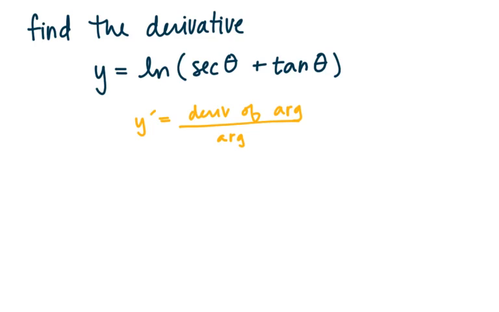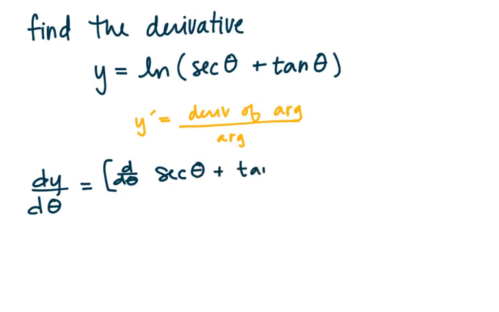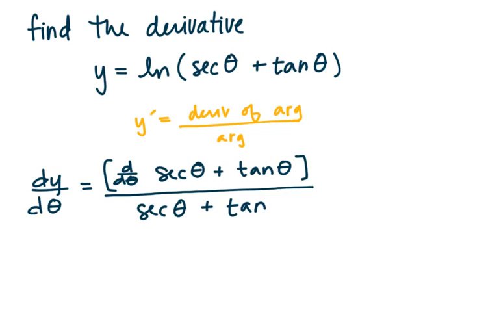So that means the derivative of y, in this case with respect to theta, my independent variable, is going to be the derivative of the argument, d/d theta of secant theta plus tangent theta, over the argument, secant theta plus tangent theta.